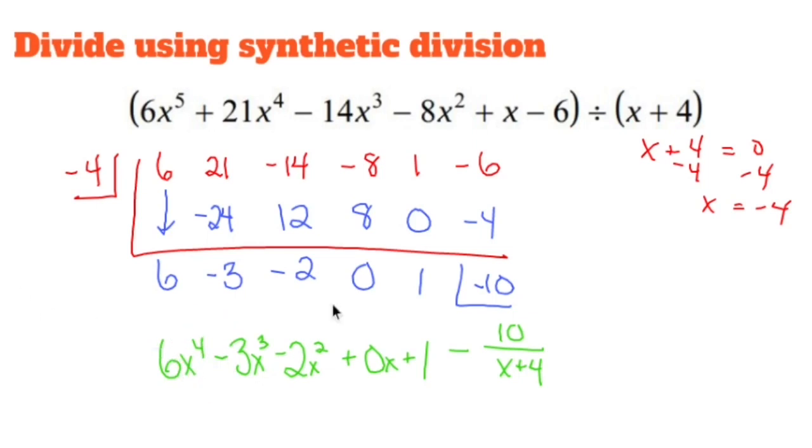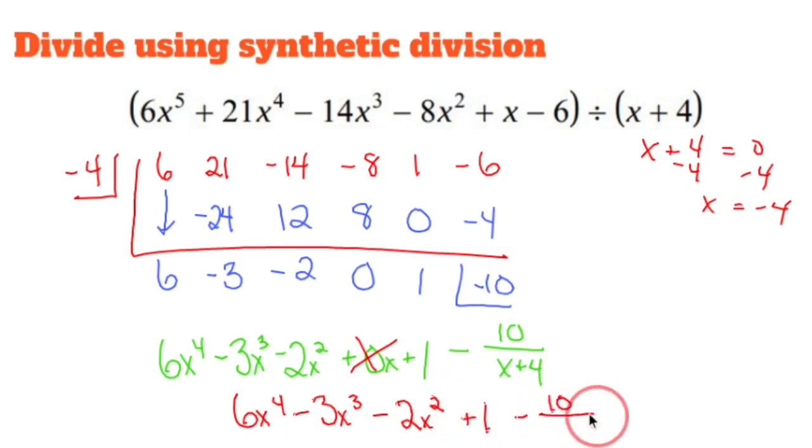Now, writing this all out one last time and getting rid of this guy, I have a final answer of 6x to the 4th minus 3x cubed minus 2x squared plus 1 minus 10 over x plus 4.